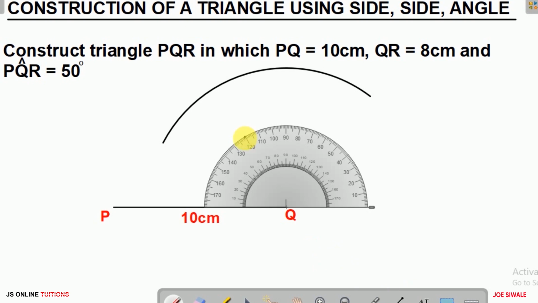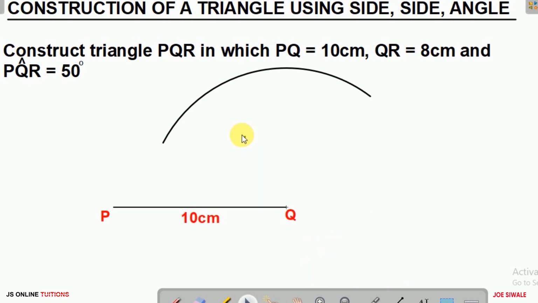So we can label this part. As you can see, we have our point there that is representing 50 degrees on angle Q there. So for us to find side R, we're going to draw a line, and the line will start from Q. It's going to pass through this point, which is 50 degrees.